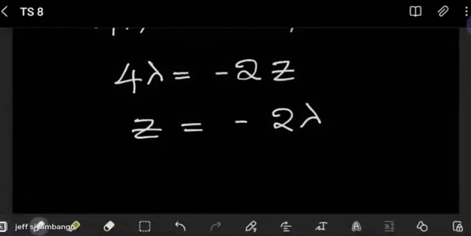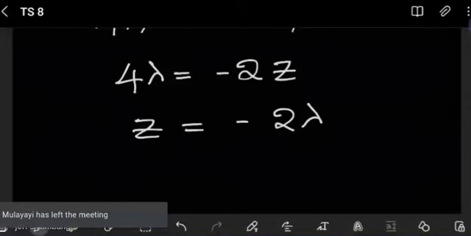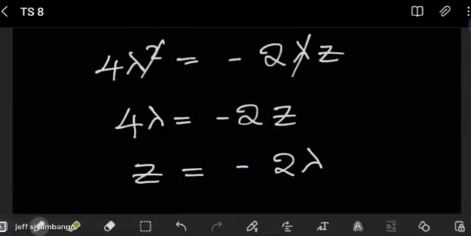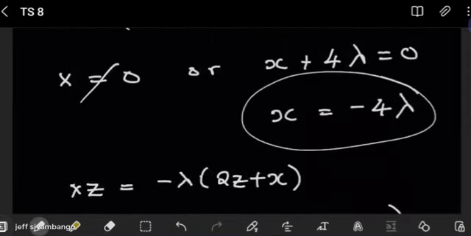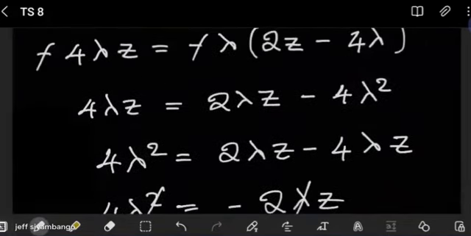So z comes out as minus 2 lambda. Once we have that, what comes next? Okay, so since we have x equals minus 4 lambda and z equals minus 2 lambda, what happens next?